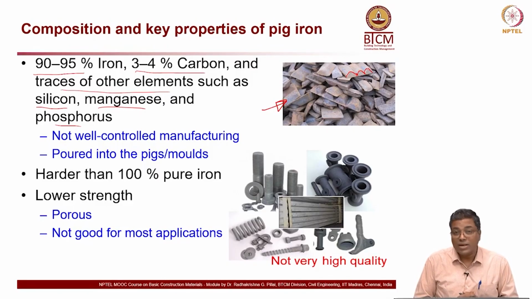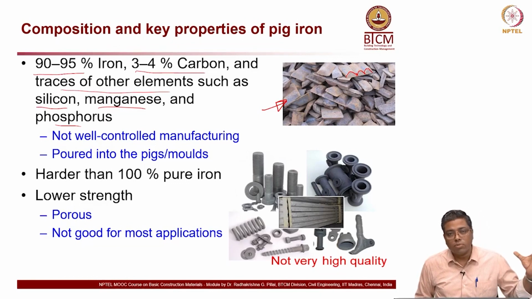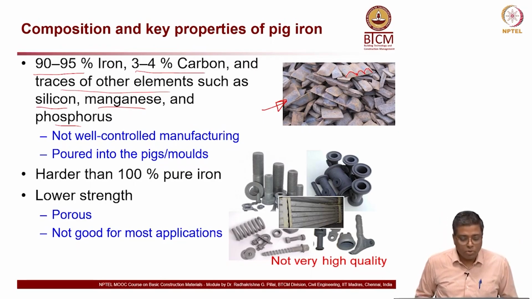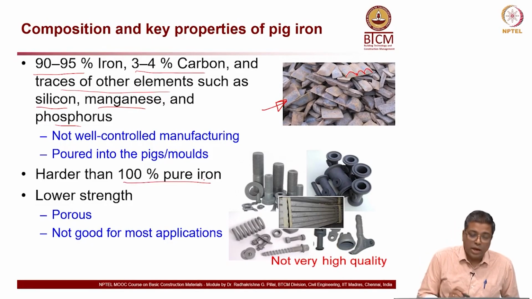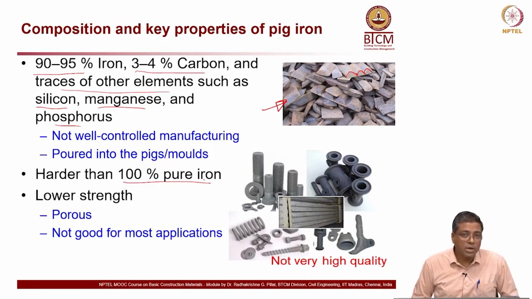Now, as you have seen, this is not really a well controlled manufacturing process, because this hot molten material is poured into the molds or pigs, and then it is taken out, and it is harder than 100% pure iron. So, hardness is very high because of the presence of a high concentration of carbon, about 3 to 4% of carbon.